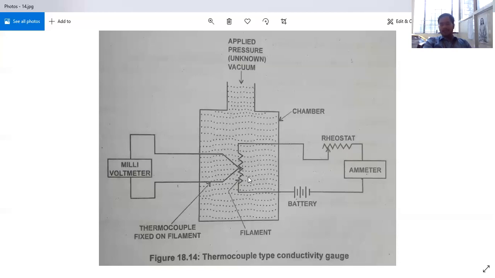So observation and maintenance are required continuously, so that the filament will not get burned off. And this instrument must be calibrated for different types of gases. It is not only one gas, but different types of gases.